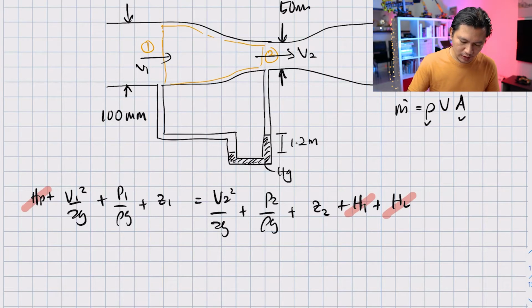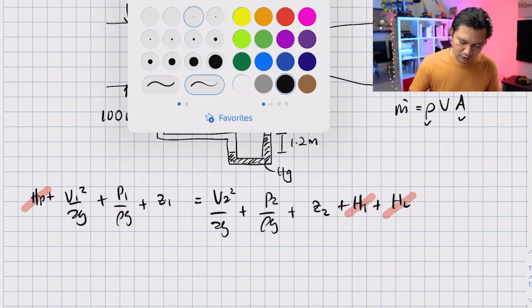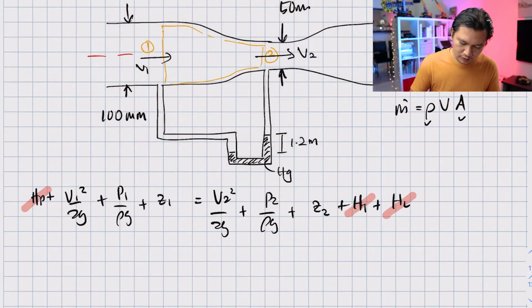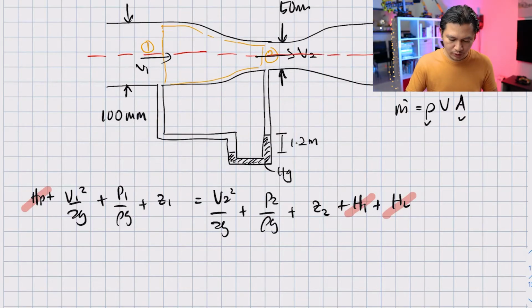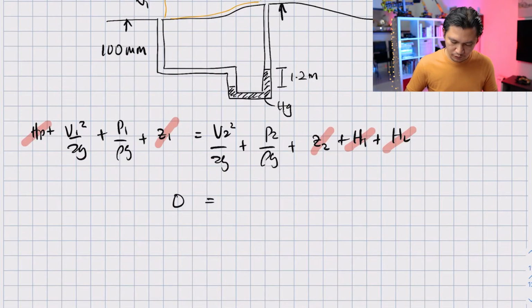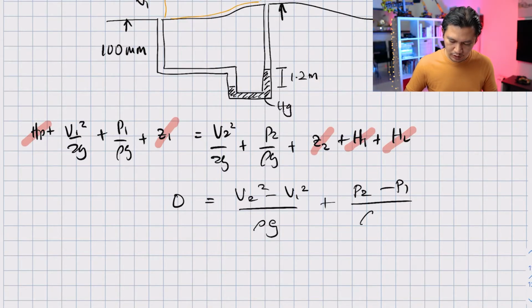And we can also cancel out Z1 and Z2 if I were to draw the center line of this pipe here. So point 1 and point 2 should be there. So Z1 and Z2 is 0. And you are left with this equation: 0 equal to V2 square minus V1 square over 2g plus P2 minus P1 over rho g.